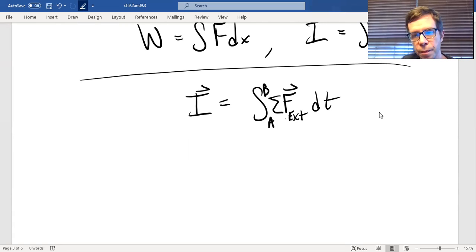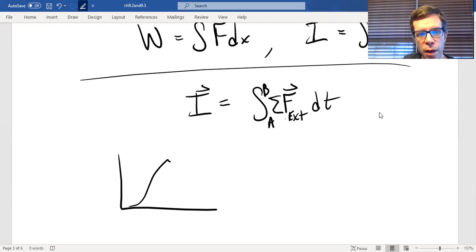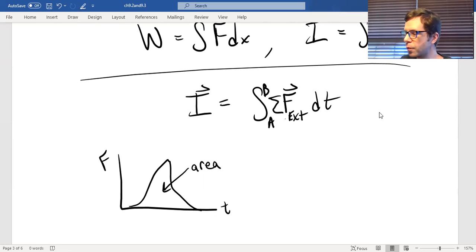And we talked about this in the video for 9.1 that could be some strange looking graph, right? But now that we're talking about an integral, we can talk about the area under that graph. And the area under this graph is going to be your impulse. So is there anything else I want to say about it here?